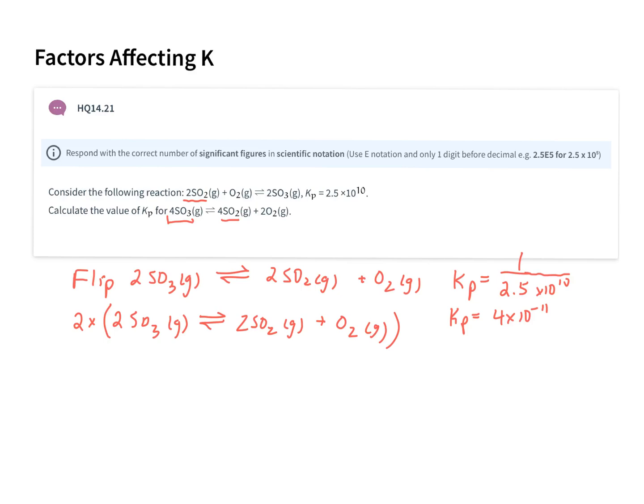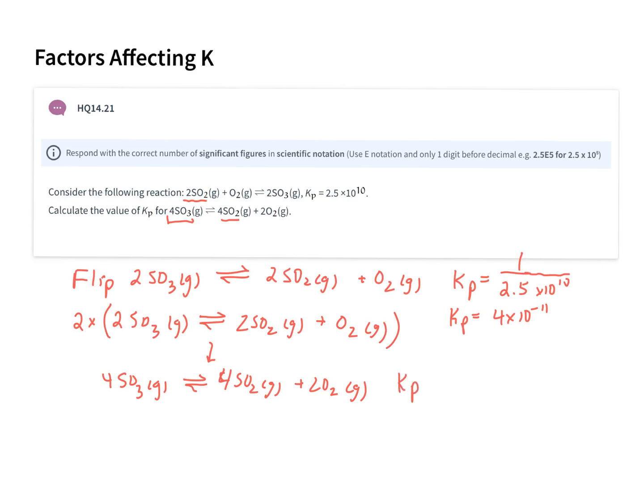So if I multiply the entire reaction by 2, that will give me 4 molecules of sulfur trioxide. That will give me 4 molecules of sulfur dioxide and 2 molecules of oxygen. And that is the same as squaring the value of Kp.